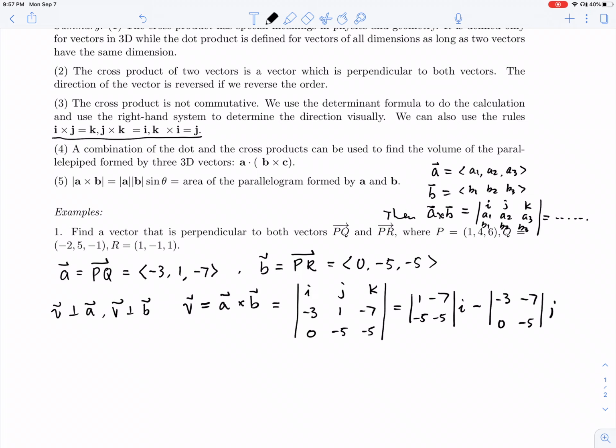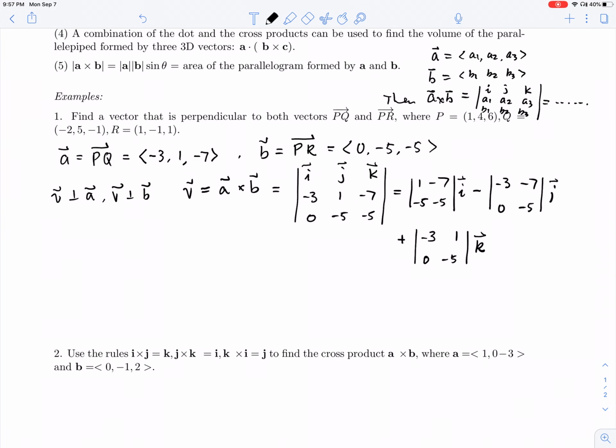The last one, let me squeeze it over here, is going to be plus, minus, plus, right? And then we have the determinant of -3, 1, 0, -5, times K. Because these are vectors, maybe we want to put vector signs on top. I, J, and K are the vectors.